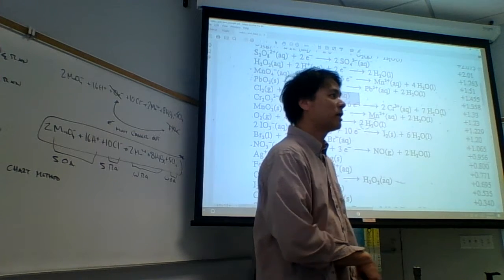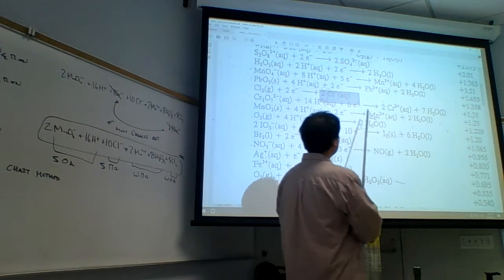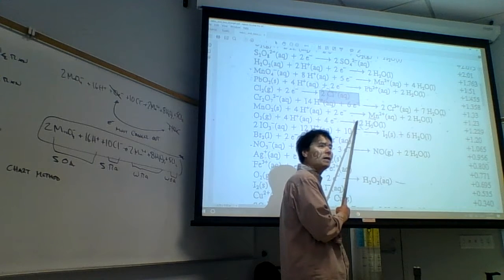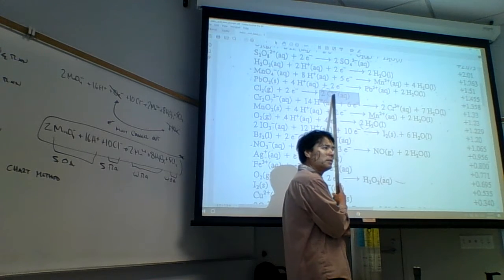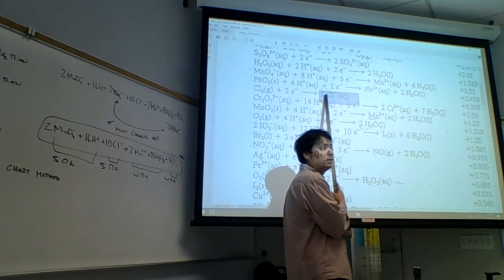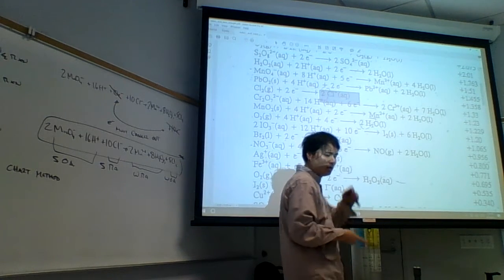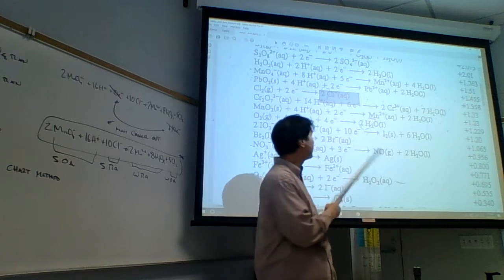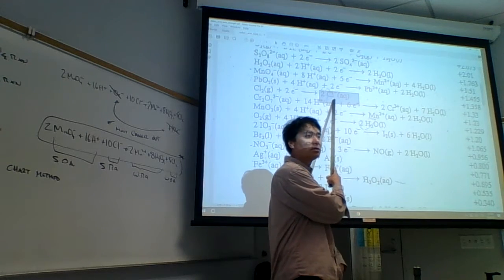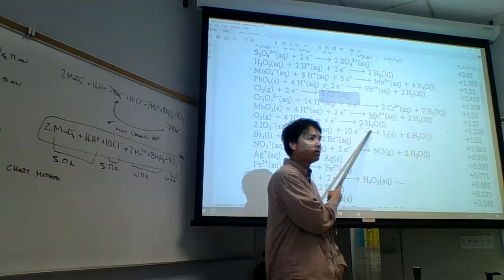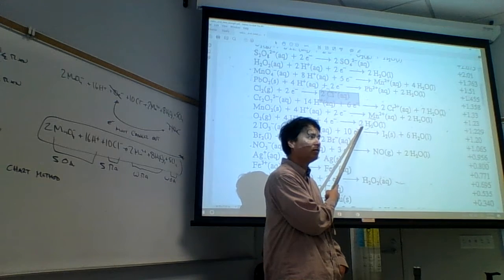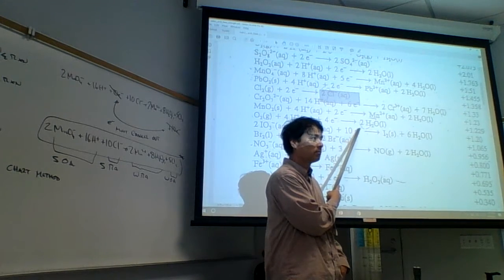The price difference isn't so big. If the price difference isn't so big, would you pay a little bit of extra money to make your life a little easier? Maybe, yeah. Well, nature can afford it. So what nature does is it pays a little bit extra to oxidize the chloride instead of the water, which is more involved and more complex.